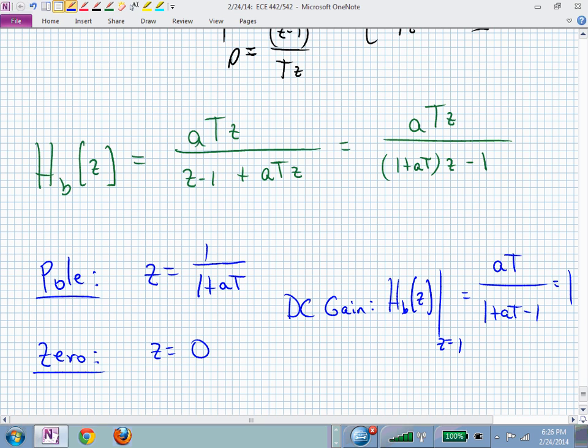And if you make capital T larger, then your pole will be further into the unit circle, and you will be changing more between sample periods. Is that okay? Did I see another question? I think it shouldn't be too big of a deal right now.